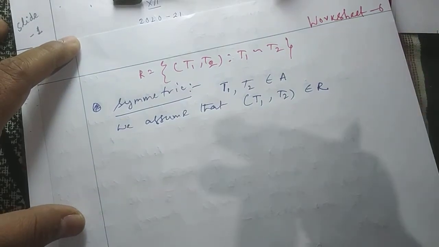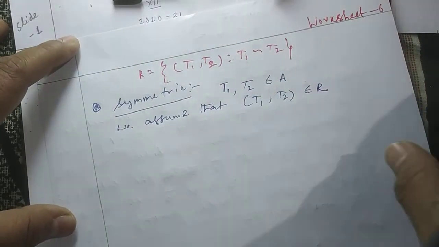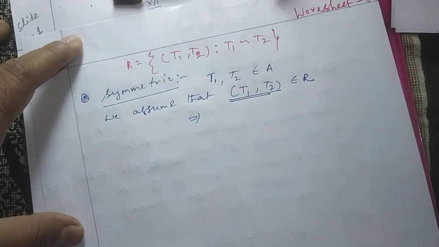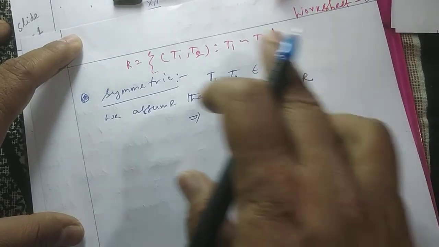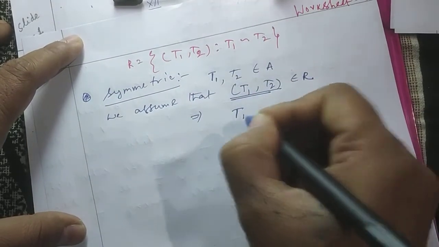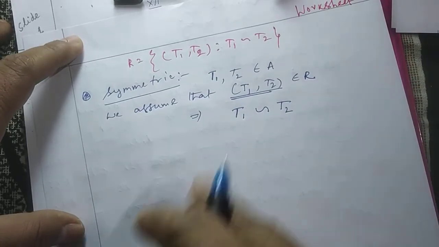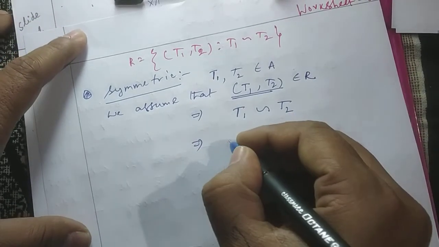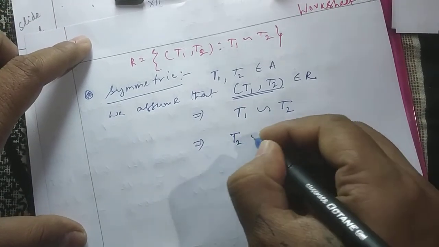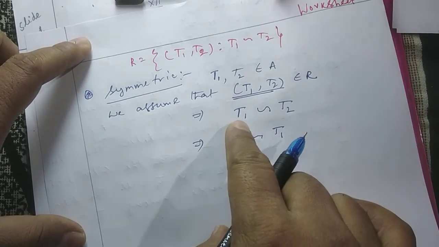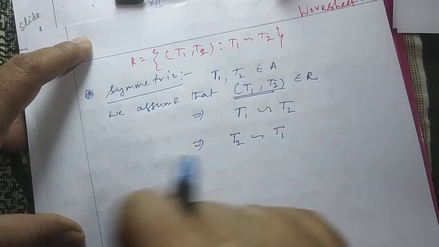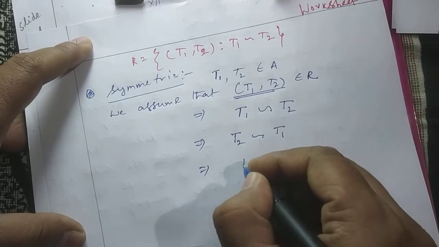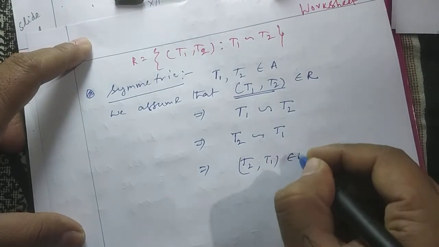Now let us verify whether (T2, T1) belongs to R or not. Now what we assumed here? (T1, T2) belongs to R. (T1, T2) belongs to R means from the definition T1 is similar to T2. That means triangle T1 is similar to triangle T2. From here we can easily say, obviously, the triangle T2 is similar to T1, because the triangle T1 is similar to T2. That means from the definition, (T2, T1) belongs to R. Very easy to explain.